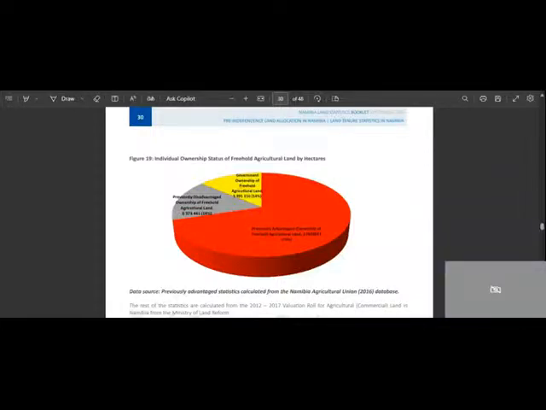Namibia 2022. Now this is not the right population, bro. We are 3 million point something. 2023. Yeah, right here. This is the one we want.